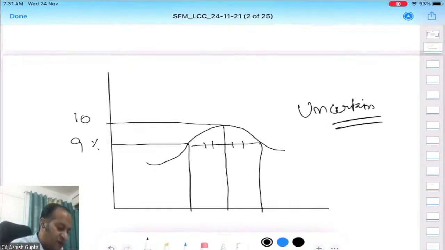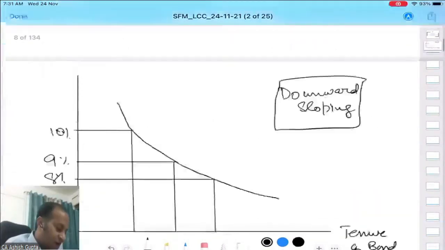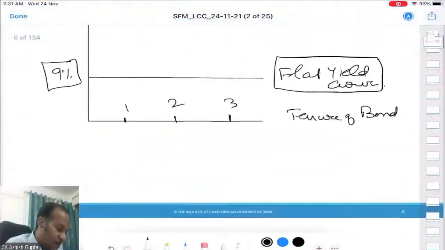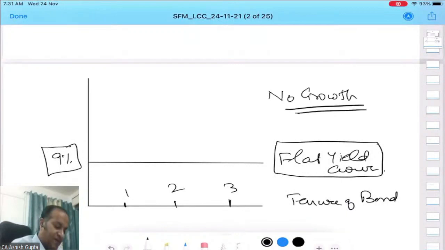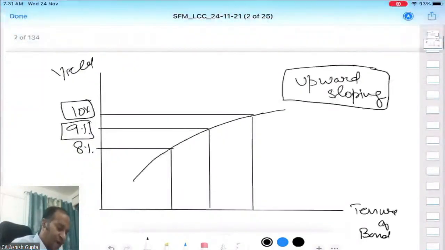So the purpose of this yield curve is basically to determine the nature of the economic growth. When we study the flat yield curve, if the yield is flat, it means no growth perspective in the economy. The economy is very stable. Upward sloping means a growing economy, optimism in the economy.